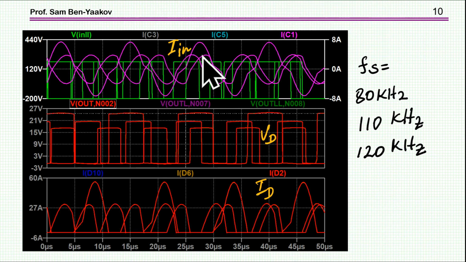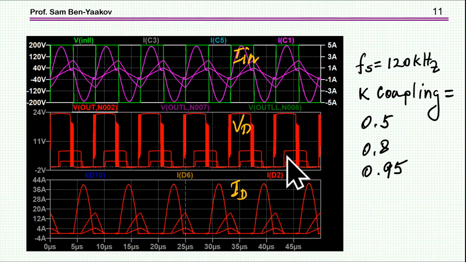This is the input current for the three frequencies, and these are the three currents superimposed, one on the other, exactly the same. And this is the voltage on the diode. That's not the three diodes, this is three frequencies, and each one of the curves here is the three diodes superimposed, and this is the current of the diodes. Again, they're exactly the same.